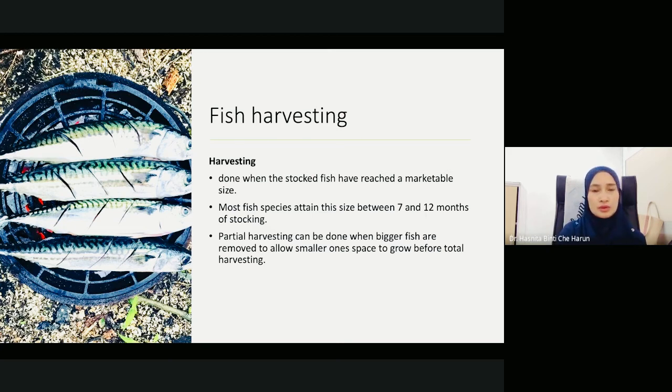And normally for aquatic species, you can start harvesting the fish between 7 to 12 months after you stock the fish. For the partial harvesting, you can do this for the bigger fish. You can collect the bigger fish from the pond, and by doing this, you are actually allowing the smaller fish space to grow before they reach marketable size, and you can sell them at a higher price.